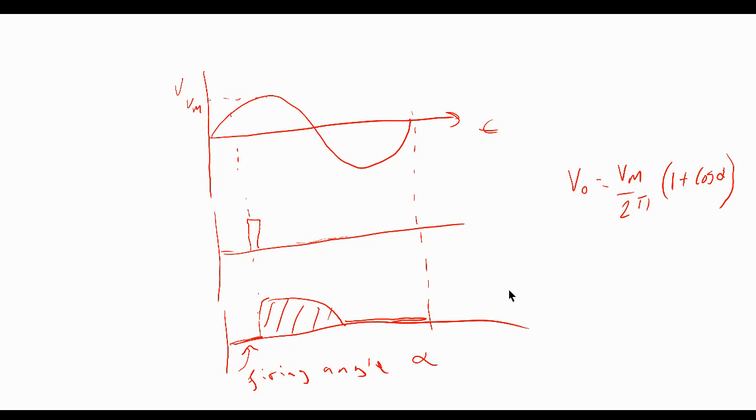Yeah, right. Okay. So it would be in the next cycle that it would be fired again, right? Because it is removing the negative half cycle. That's how the SCR works.